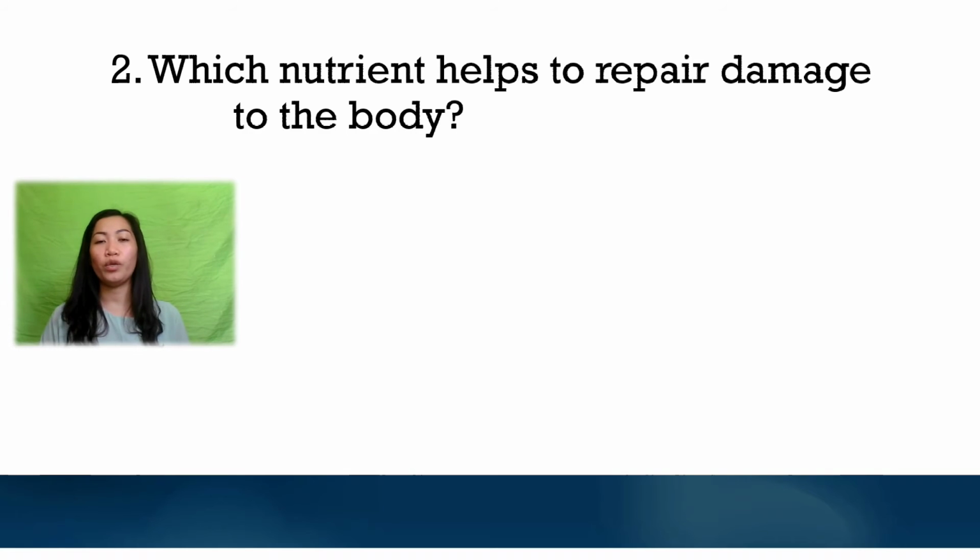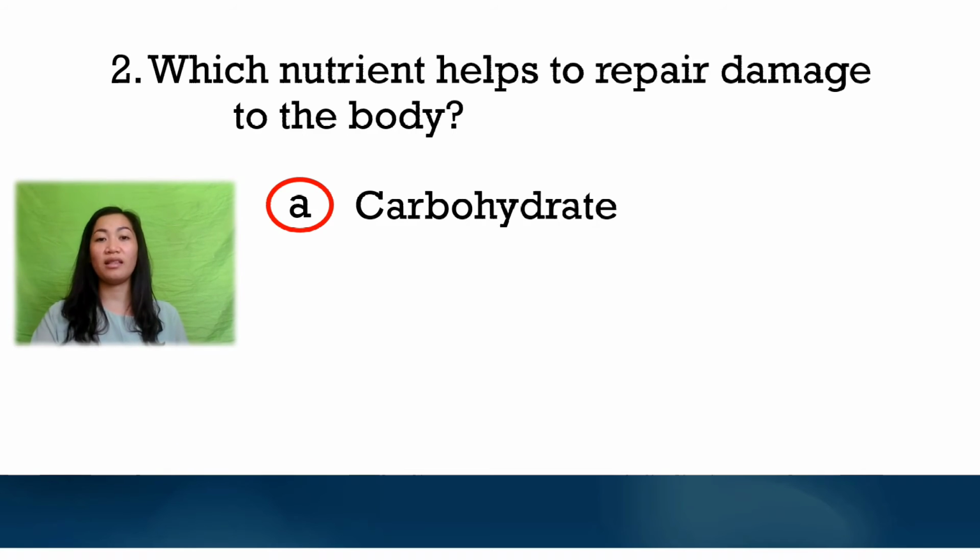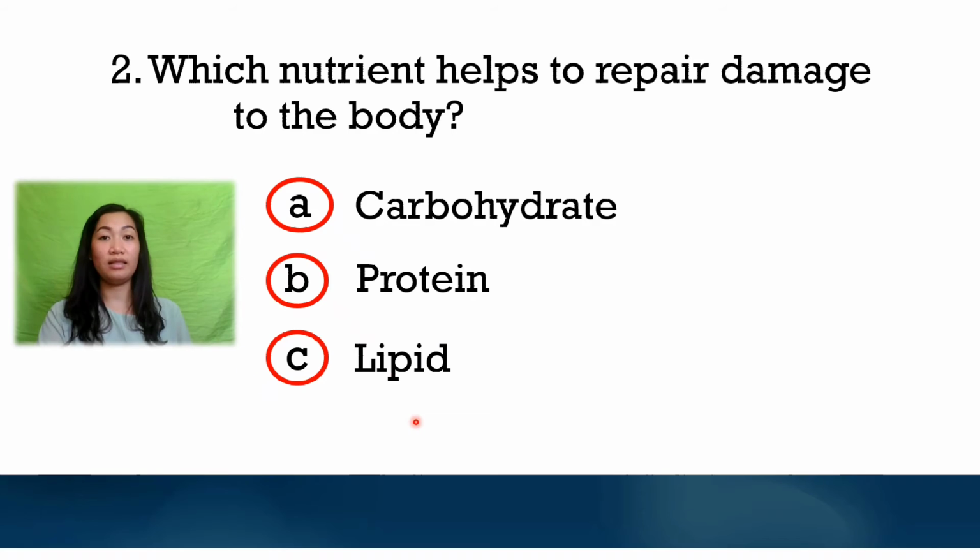We also know that it helps in the maintenance of our body. So what kind of nutrient is that one? Is it letter A, the carbohydrate? Letter B, the protein? Letter C, the lipid? Or letter D, the water?